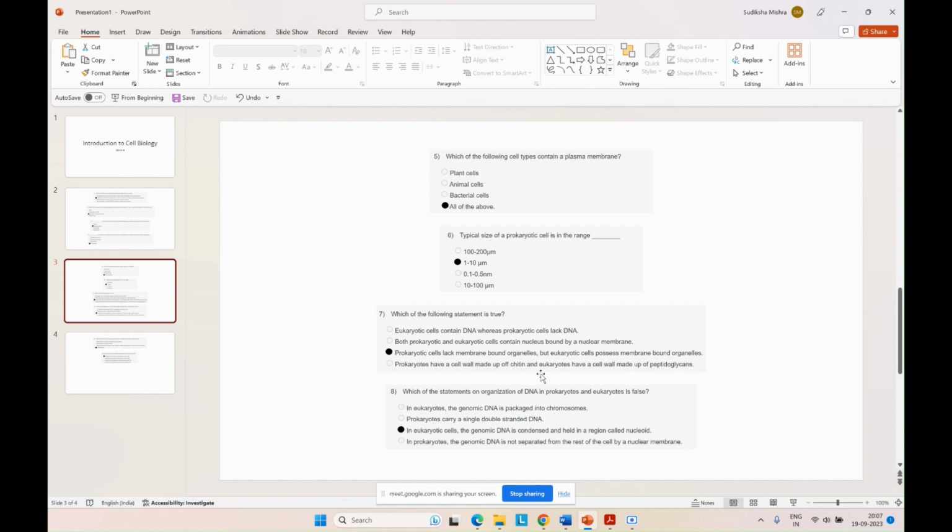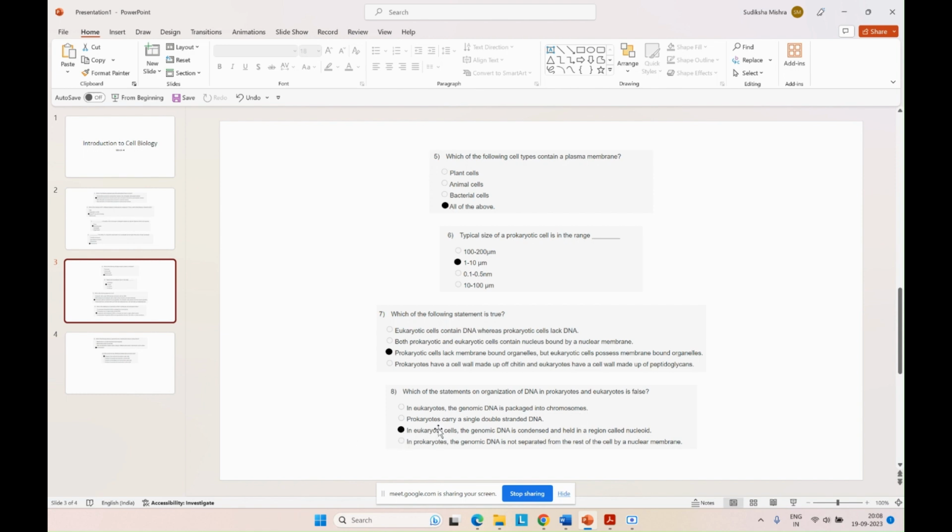Which of the statements on the organization of DNA in prokaryotes and eukaryotes is false? In eukaryotes, the genomic DNA is packaged into chromosomes, which is true. Prokaryotes carry a single double-stranded DNA, which is true. Same goes with mitochondria and chloroplast.